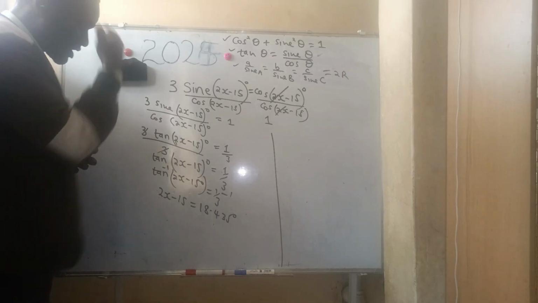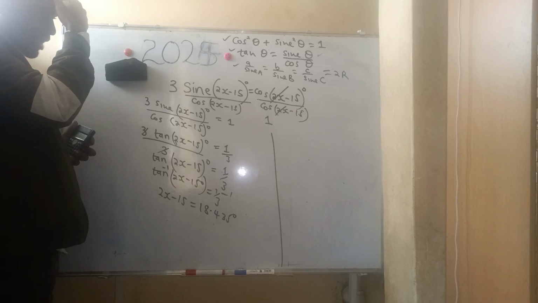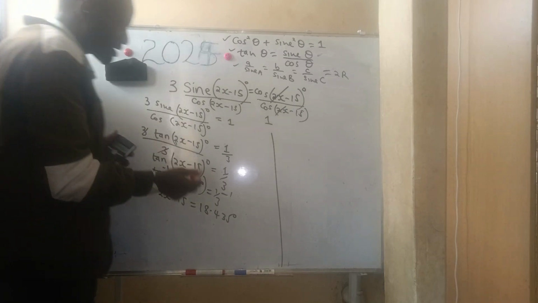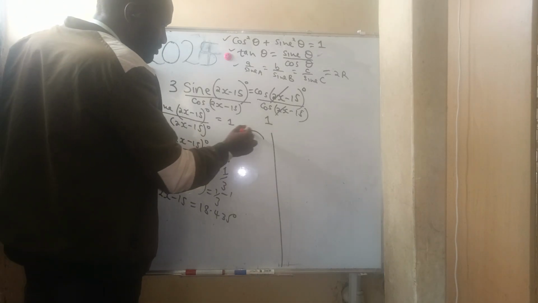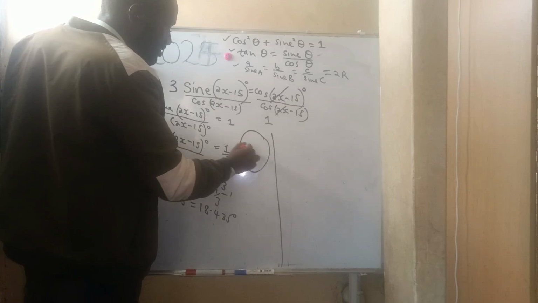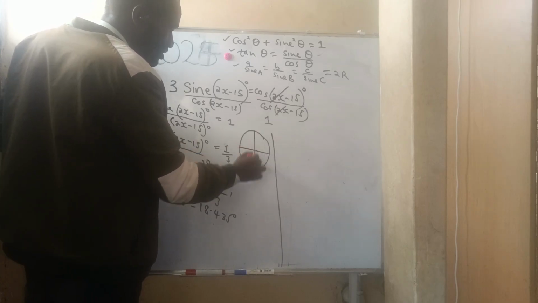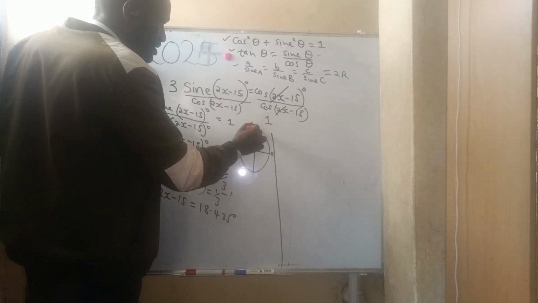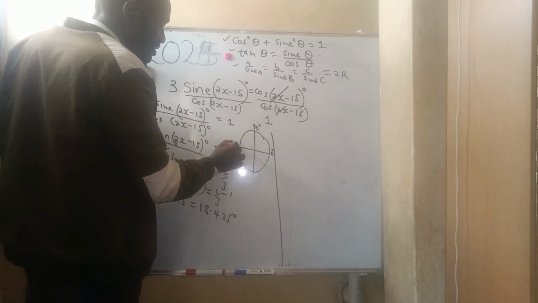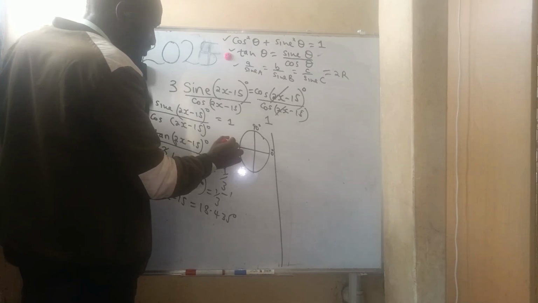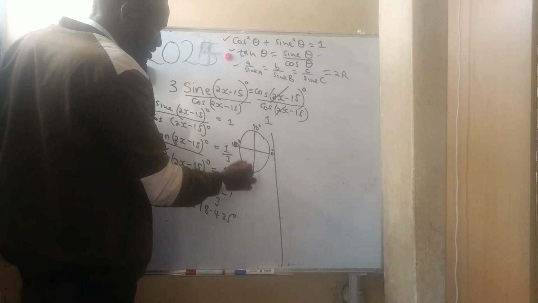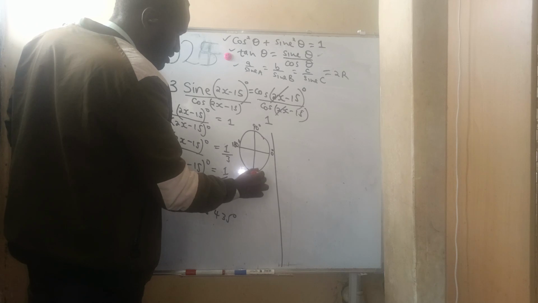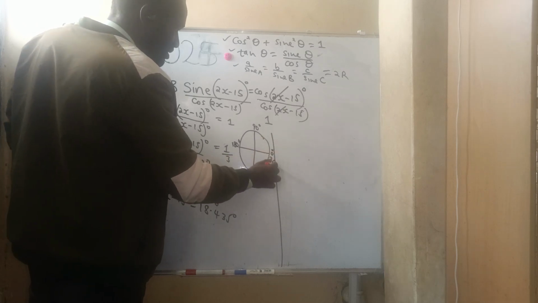Okay, it's fine. So then we shall be able to get any other possible angle that can fit into this in terms of using what we call a unit circle. You must have heard of this, so it's not something new to you. So we will be able to know this is 0, this is 90, this is 180, this is 270, and of course you can have 360 here.